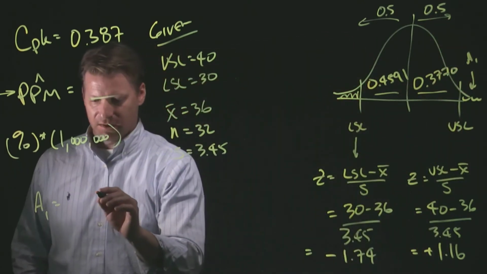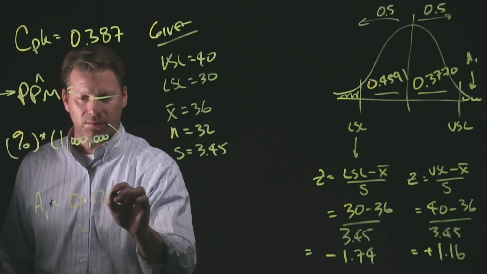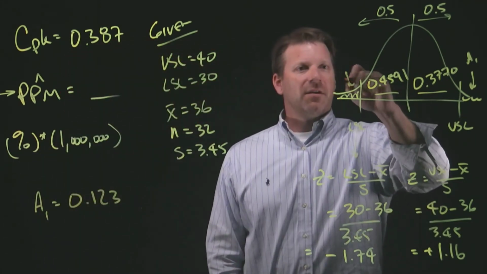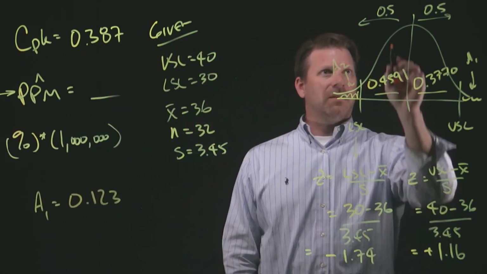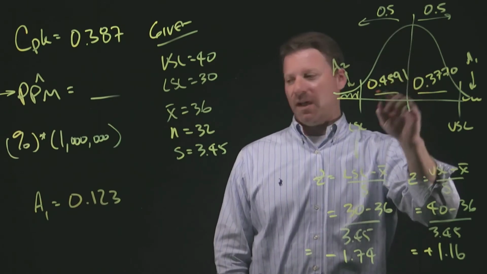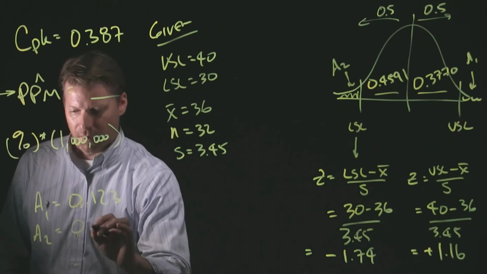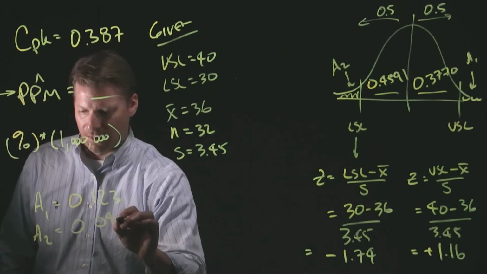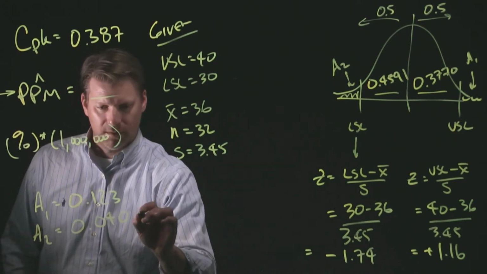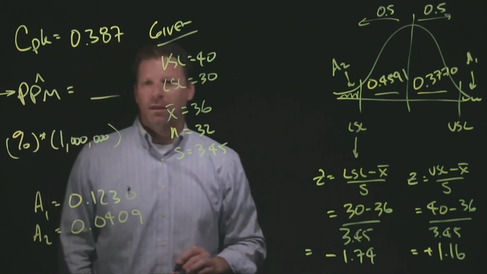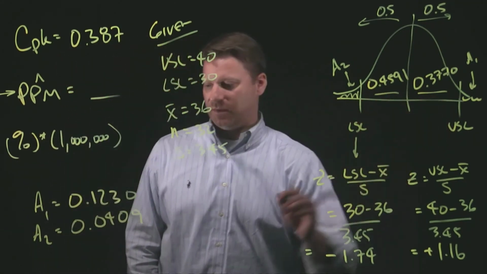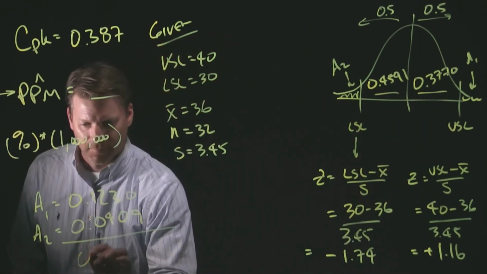It tells us that area 1 is 0.123. Area 2 over here is 0.5 minus the 0.4591, which ends up being 0.0409. Our PPM is represented in both of these extremes, so we've got to add those up.